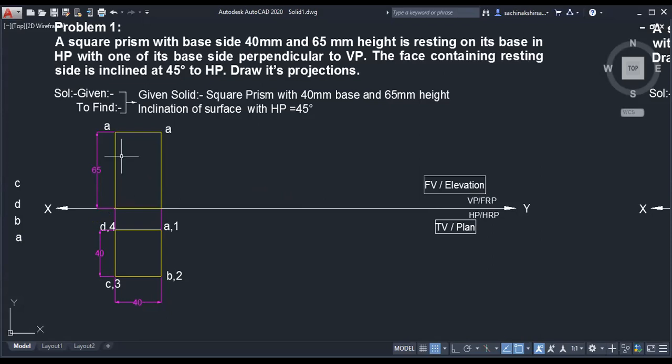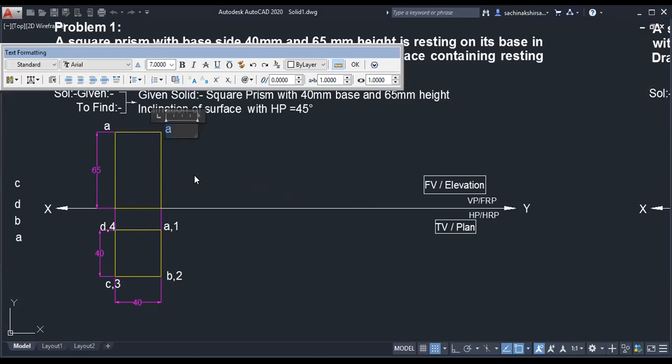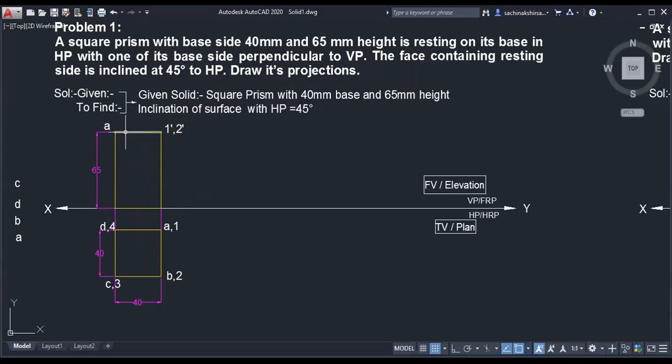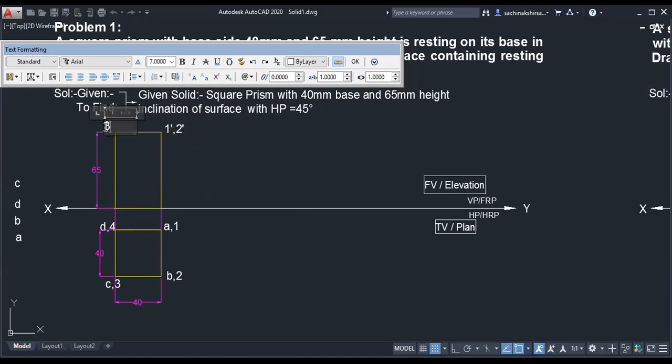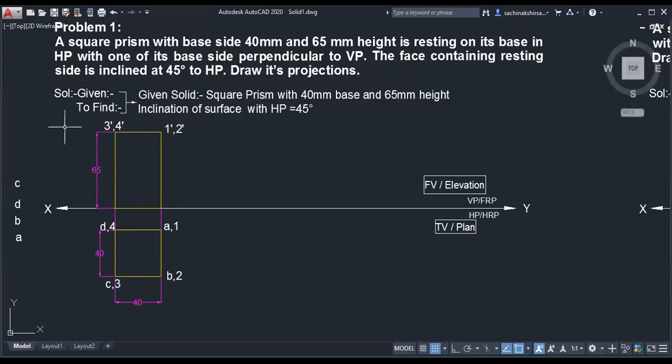So which 2 points will overlap here? 1 dash and 2 dash. A and B we will give to the base. This line will be the top surface. Here which 2 points will overlap? 3 dash and 4 dash.